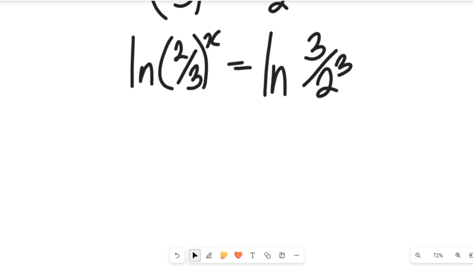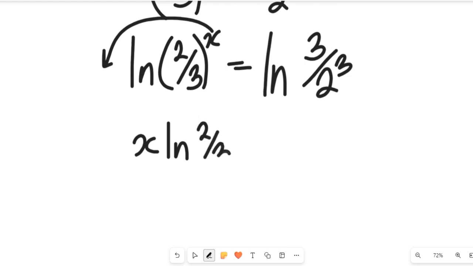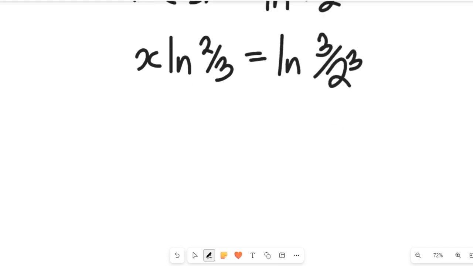According to the law of logarithms, this power will come over here to multiply the logarithm. So we'll have x ln of 2 divided by 3 equal to ln of 3 divided by 2 to the power of 3.